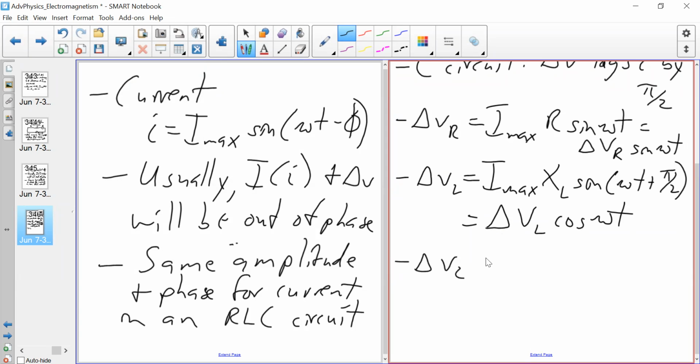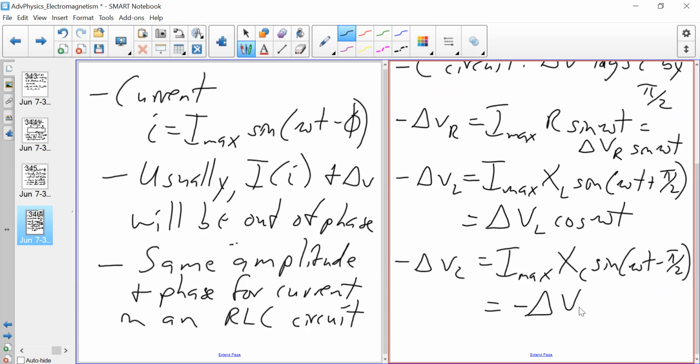And the voltage in the capacitive circuit is going to lag the current by pi over 2. So it's negative delta VC cosine omega t. So these are things we've seen.